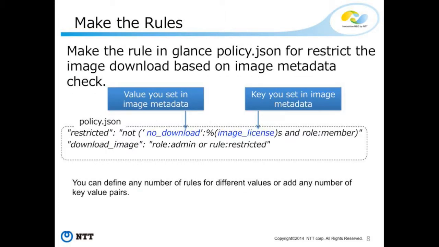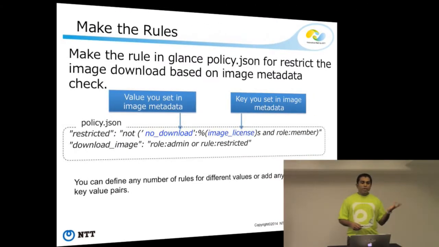And the third one is, based on this image property, we're going to make a rule to apply for the image download. So we're going to put this rule in the policy JSON. This is a sample of the rule.